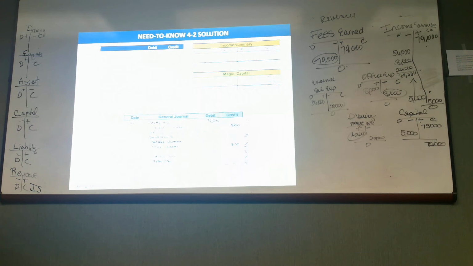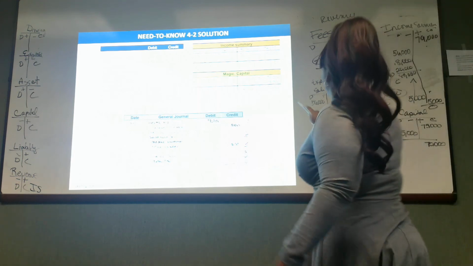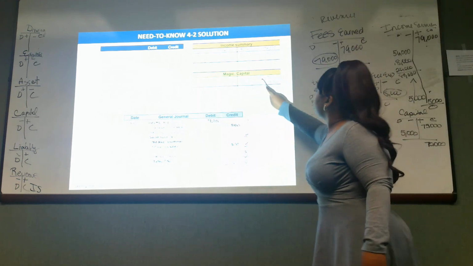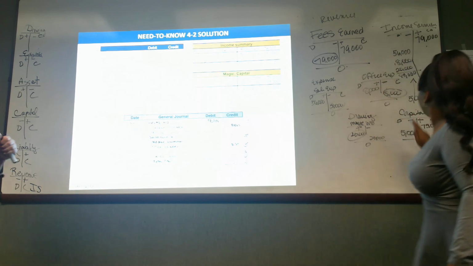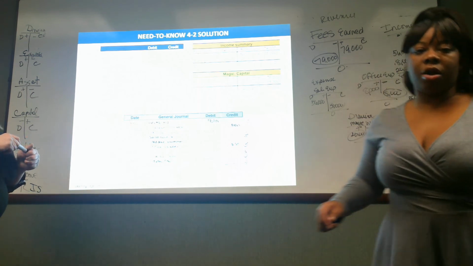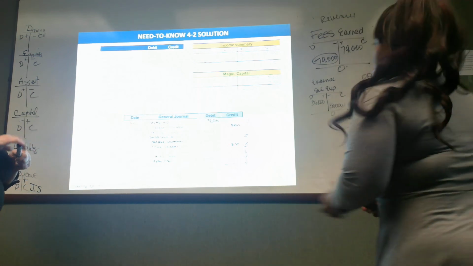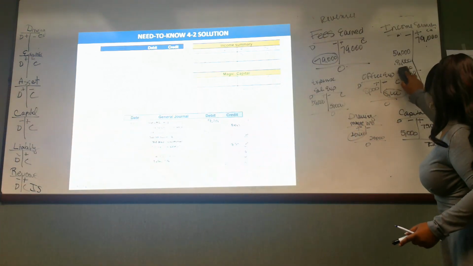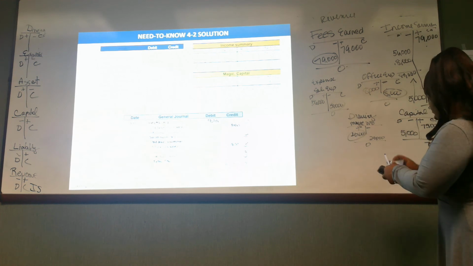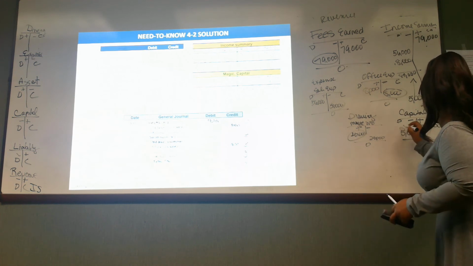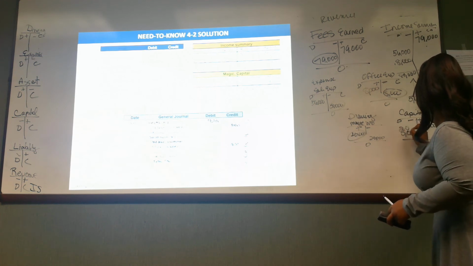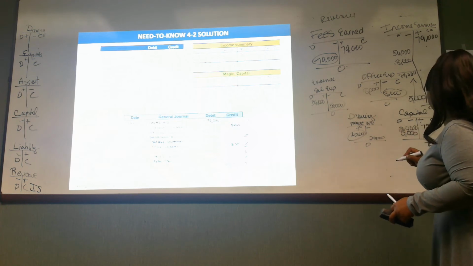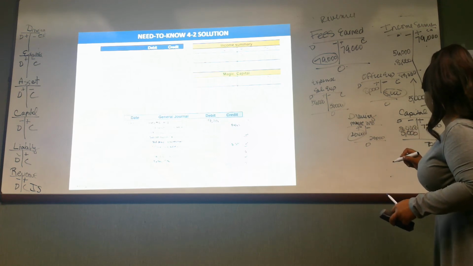You can create this T table and put the drawing in here instead. So drawing, instead of being here, they want it here, which is correct. Was it 20,000 or 2,000? 20,000, okay.